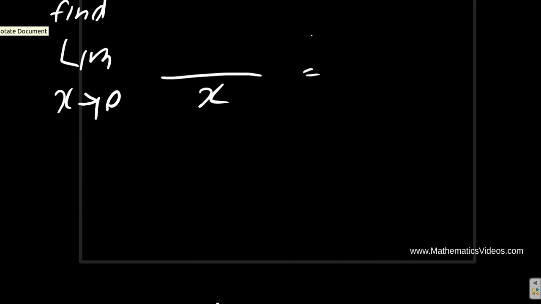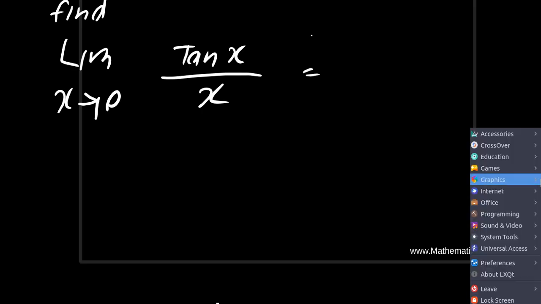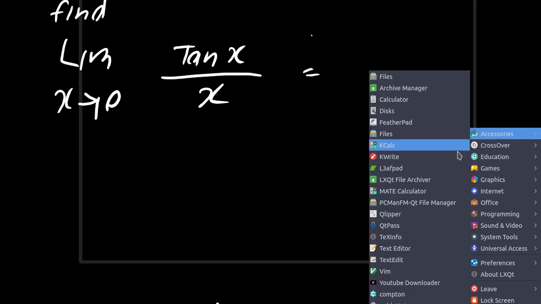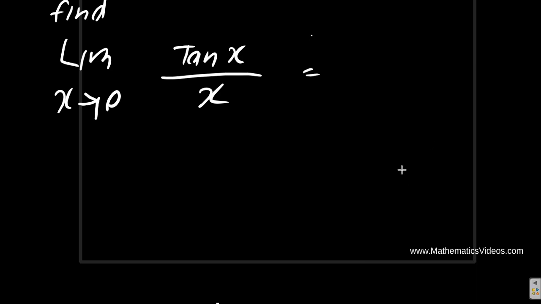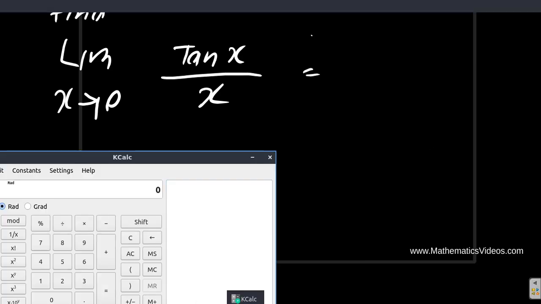Suppose we try to find the limit of tan x divided by x. Now, let us first take values of x close to 0 and see what would happen. Let's reach for our calculator.